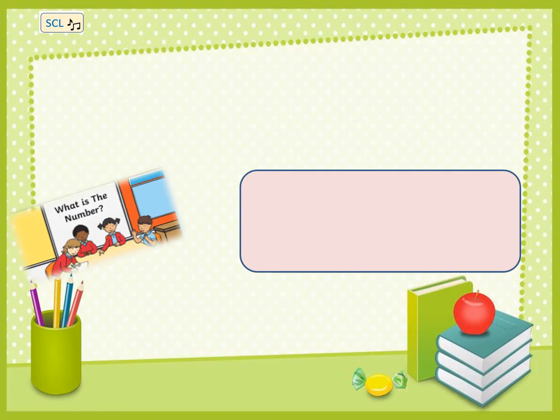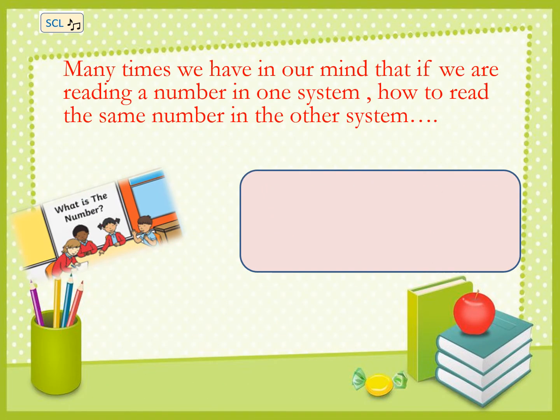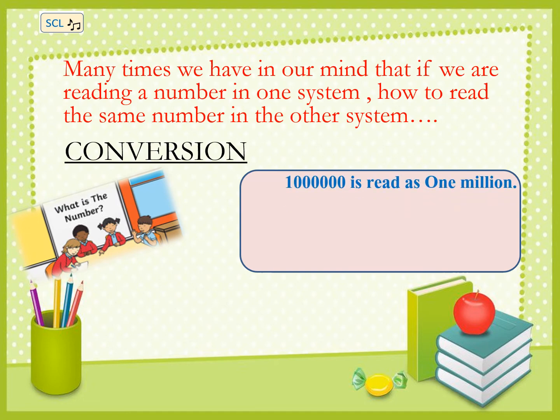Many times it comes to our mind that if we read a number in one system, how do we read it in the other system? So let us learn how to convert also. 1 with 6 zeros is read as 1 million. Now if we want to know 1 million is equal to how many thousands, what will we do?